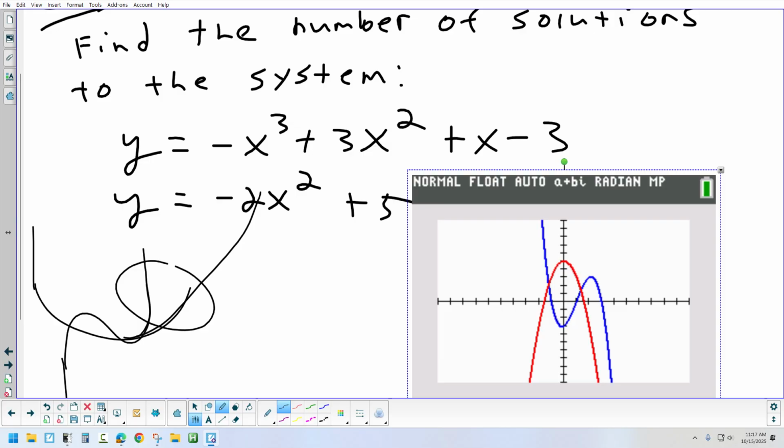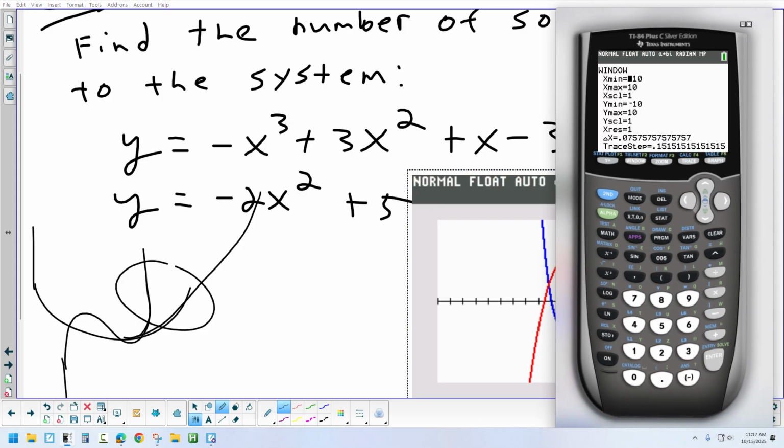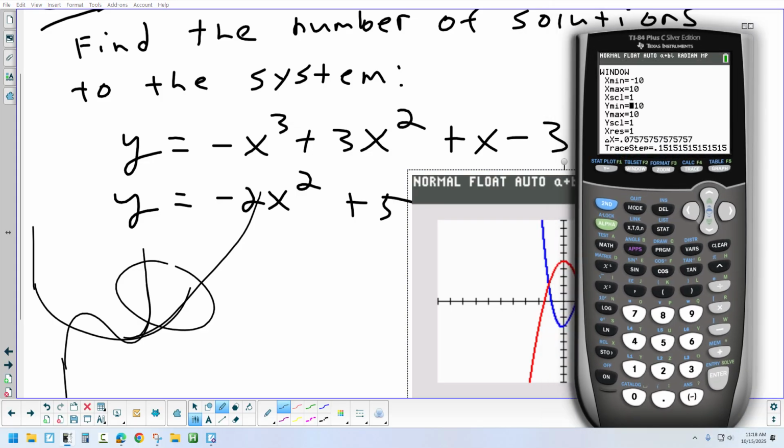So eventually, these cubic and quadratic are going to cross. If you want to see it a little clearer, you could set your y-min at negative 45, and I bet that'll show it perfect. Now you can tell the cubic is dropping off steeper. So yes, there are 3 solutions.